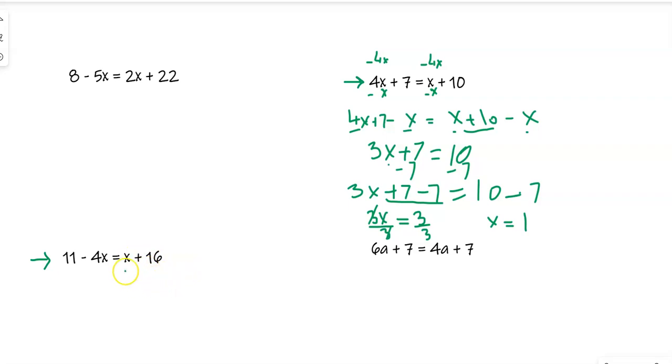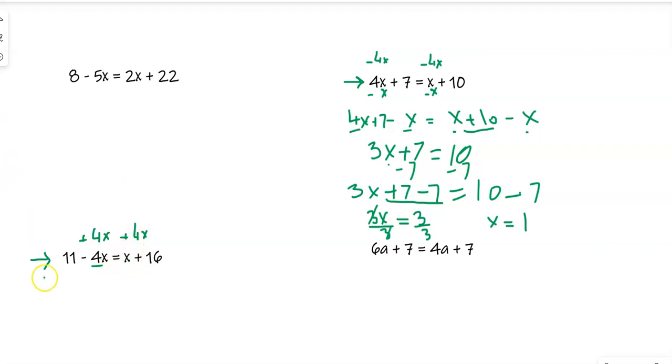In this case, we want to have x only on one side. Now, what will be easier to deal with? Can we add 4x on both sides and get rid of x on the left side? Or we're going to subtract x on both sides and get rid of the x on the right side.